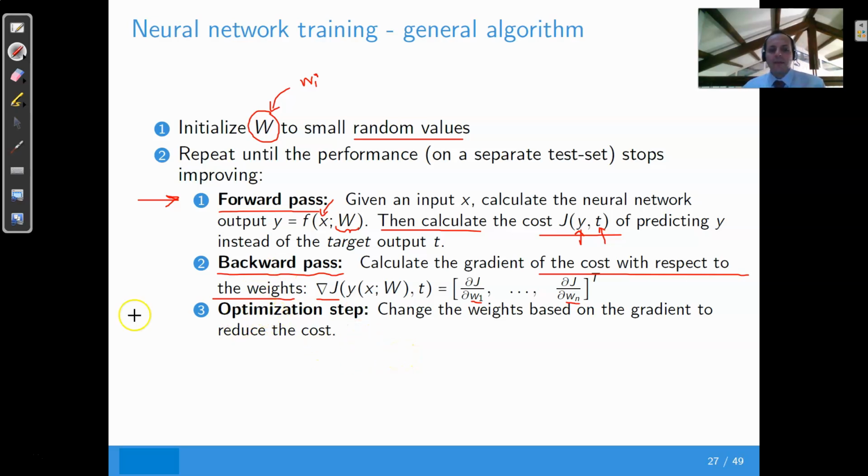And then you perform, as a third step, the optimization phase, which means that you update your weights based on the gradient. Normally it's said that you move the weights in the direction that leads to a reduction of your cost function.